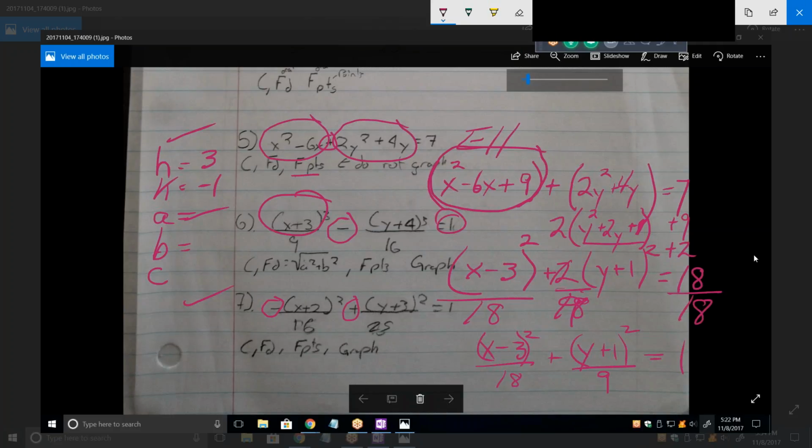Yeah. Okay, then we do need to know whether it's horizontal or vertical. What is it? It's horizontal. Correct. And what is A? A is the square root of 18. The square root of 18 is the square root of 9 times the square root of 2, so it's 3 root 2.